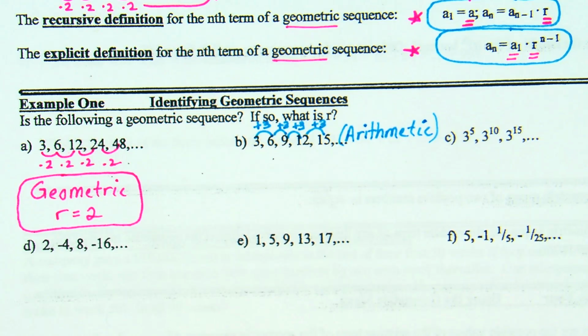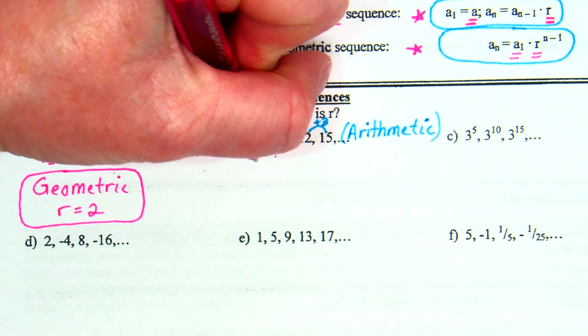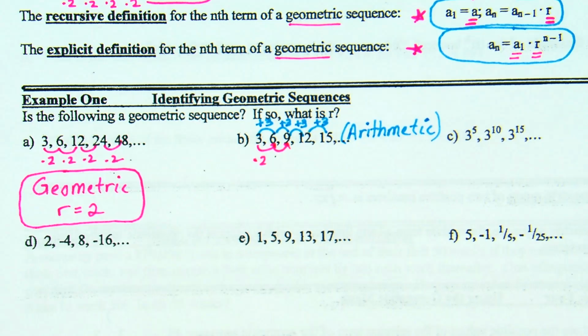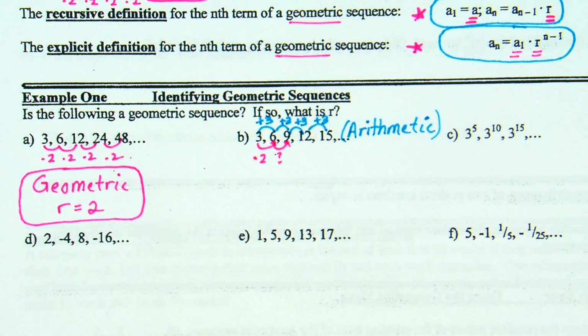Look up. How do I get from 3 to 6 in terms of multiplying? Multiply by 2. How do I get from 6 to 9 in terms of multiplying? You can, but the key is not by 2, right? You can multiply: 6 times 1.5 would get you 9. But at that point, what does that tell me?